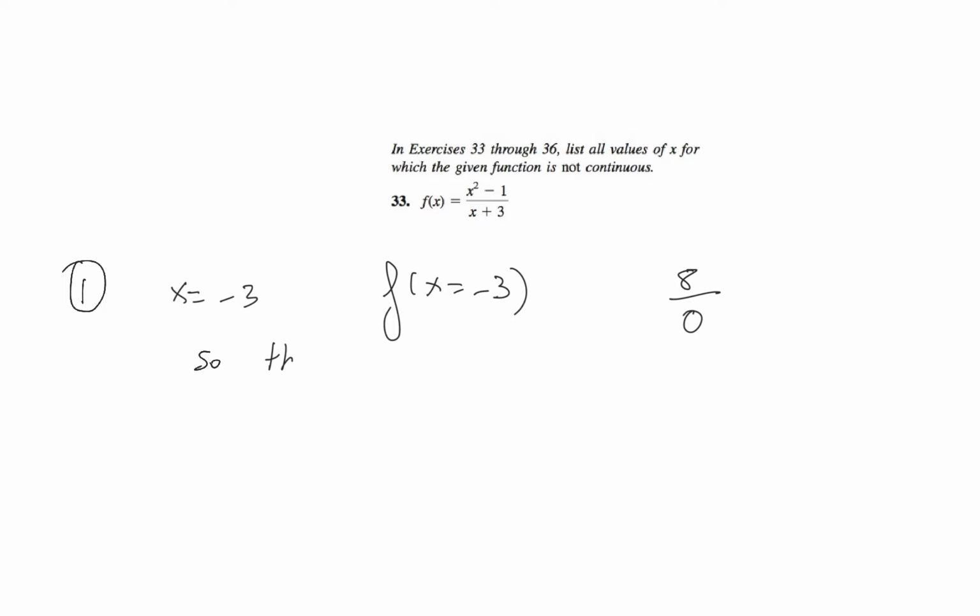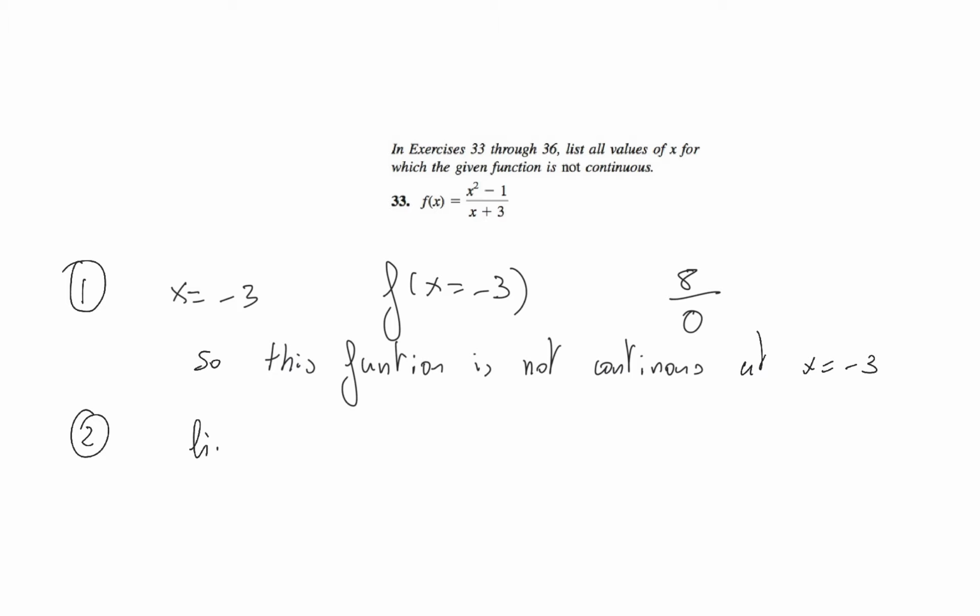So this function is not continuous at x equal minus 3. What is the second thing that needs to happen? The first thing is that the value of the function at the point must exist.